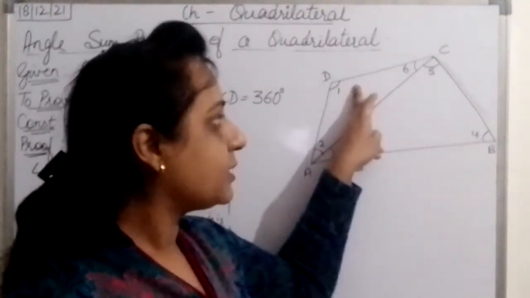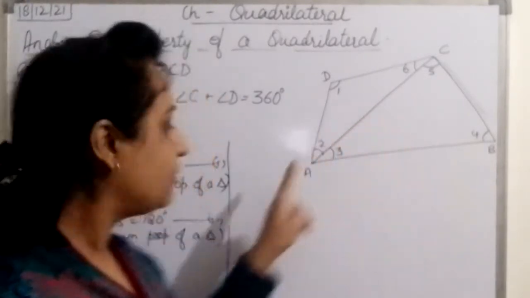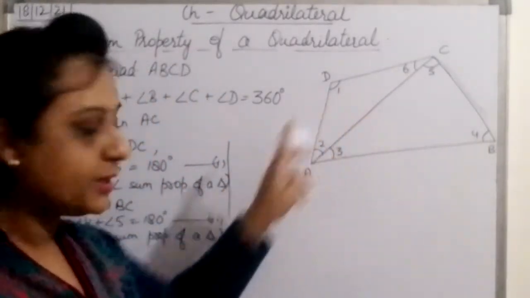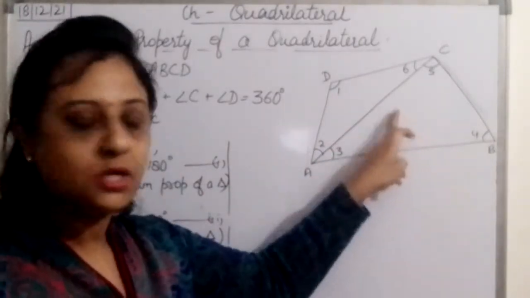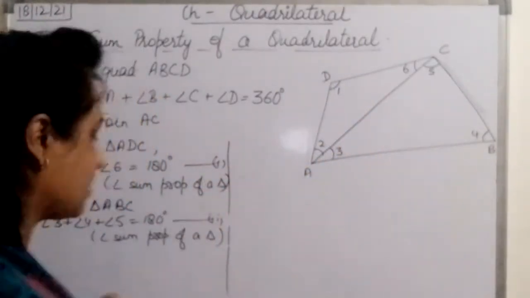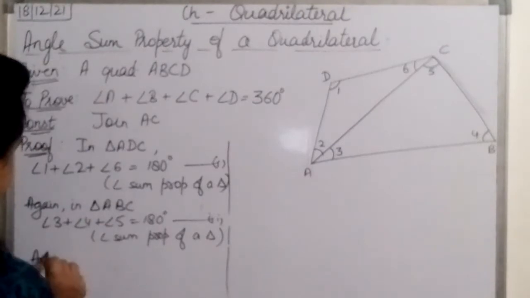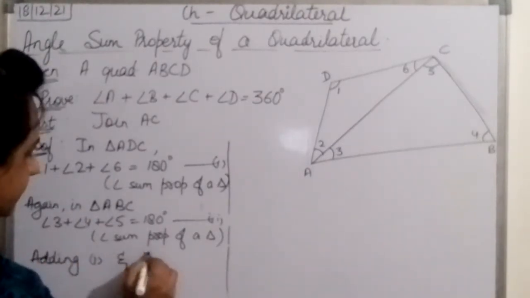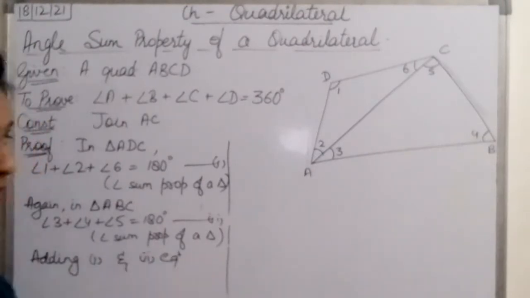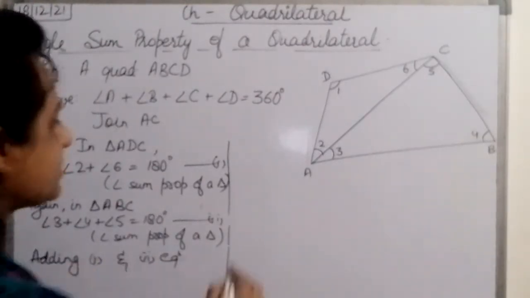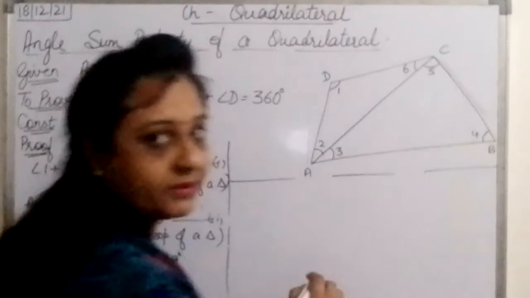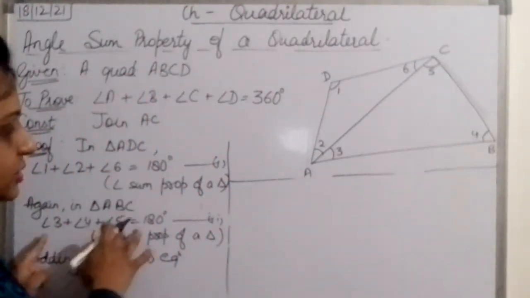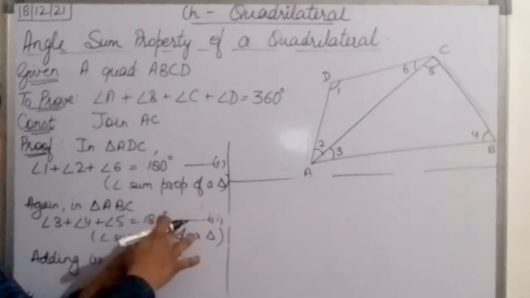Now what is the next step? This quadrilateral is divided into two triangles, and this equation belongs to this triangle and this equation belongs to the other triangle, so we will add these two equations. Adding the first and second equations, the left-hand side of the first is added to the left-hand side of the second, and the right-hand side to the right-hand side.